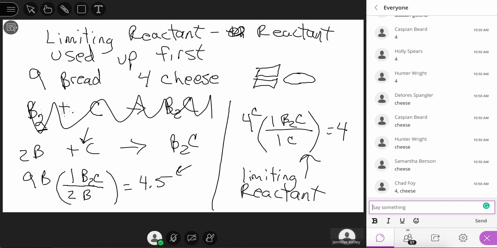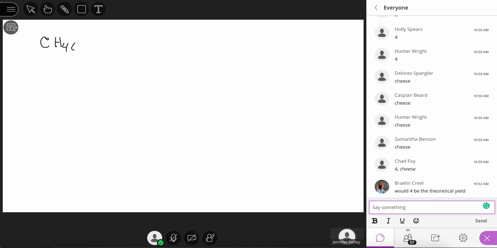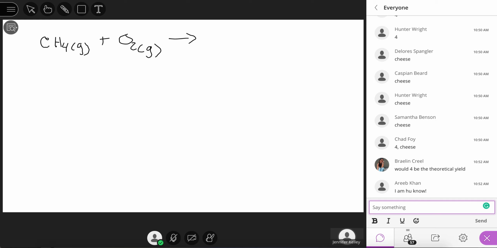All right, so let's do a really simple example for that. We're going to do our methane combustion. Methane plus oxygen makes carbon dioxide and water.